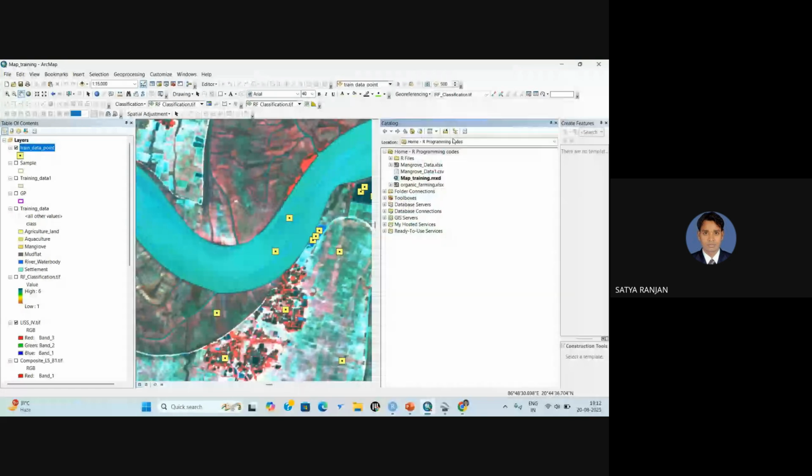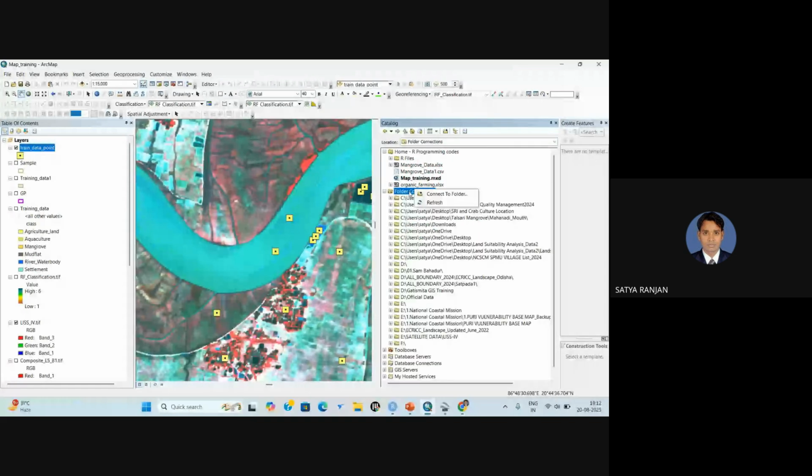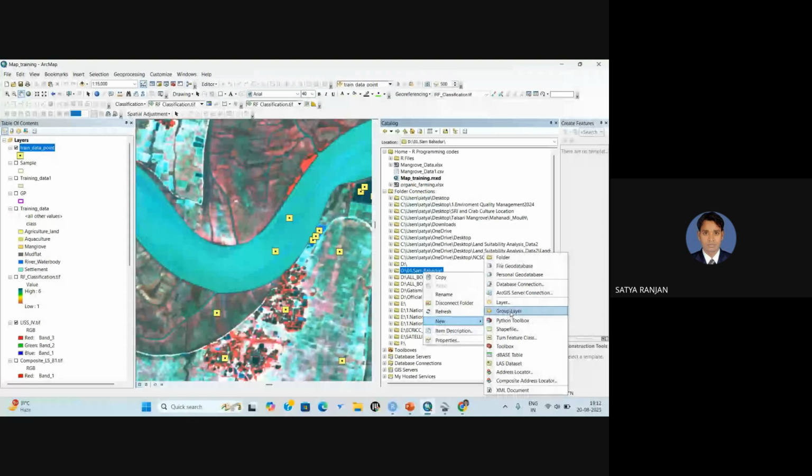Let me give you an example. Suppose I want to create a geodatabase folder in ArcGIS software. Right-click, then New. There is a file geodatabase and a personal geodatabase. The file geodatabase has larger memory, and the personal geodatabase has smaller memory. So we create a file geodatabase.